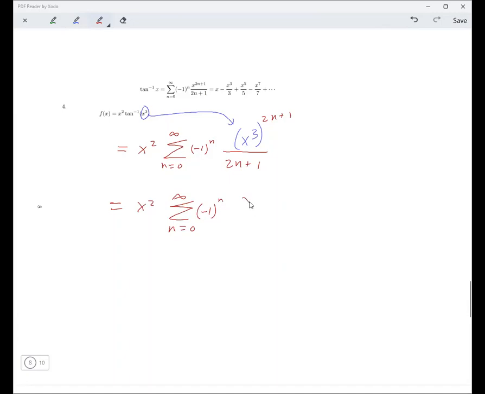And so that's going to give you what, x to the 3. So you multiply this, so 3n plus 3. Oh, it's 6n plus 3. What am I doing? 3 times 2n plus 1 is 6n plus 3. And then you take this in, and that just adds 2 to that.